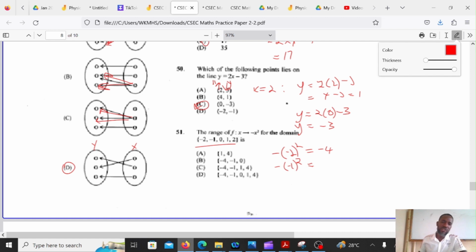Continuing with 1, squaring a positive number gives 1, but the negative sign on the outside still gives us negative 1. And 2 squared gives 4, but the negative sign on the outside gives us negative 4. So you will realize that the answer has to be B.